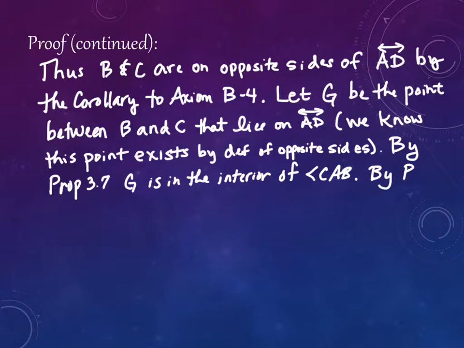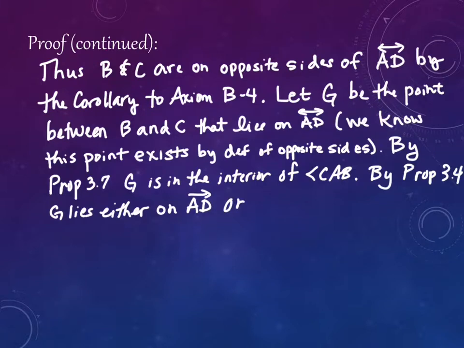So by proposition 3.4, G lies either on ray AD or ray DA, the opposite ray.